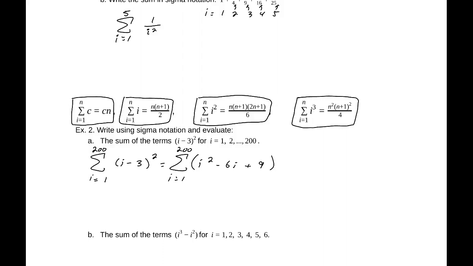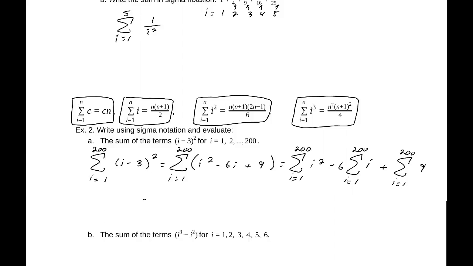And I'm going to break this up into 3 summations: the sum of I squared, minus 6 times the sum of I, plus the sum of 9, each for I equals 1 to 200. Break that into 3 different summations.